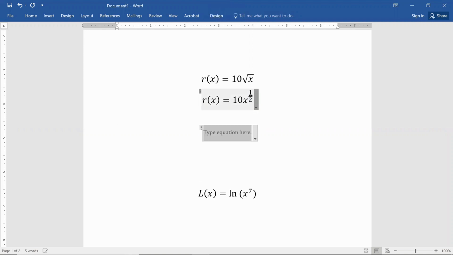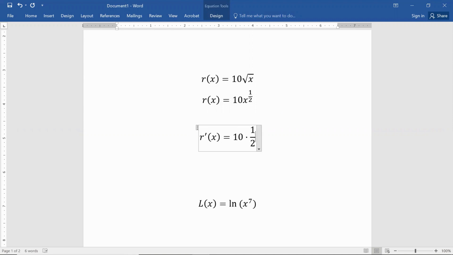If I take a derivative of that, well, that fits in the power rule notation. So 10 times 1/2 times x to the exponent, which is 1/2 minus 1. Now, 1/2 minus 1 is -1/2.